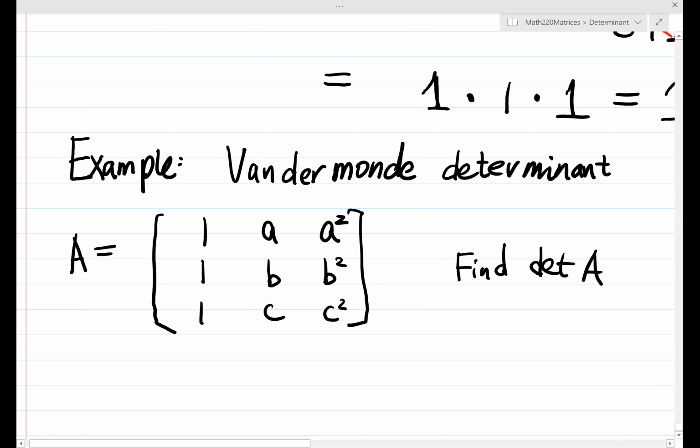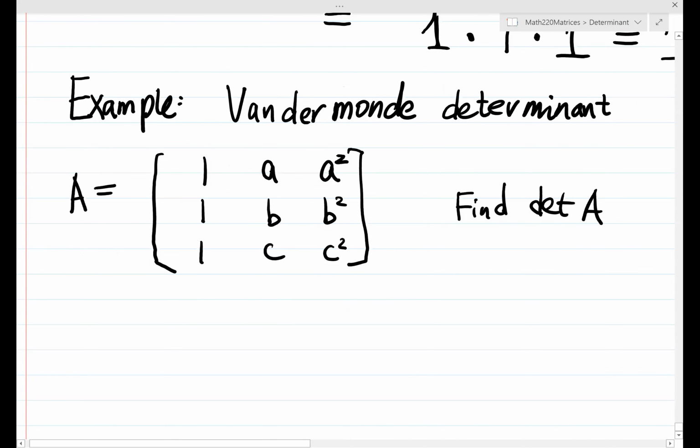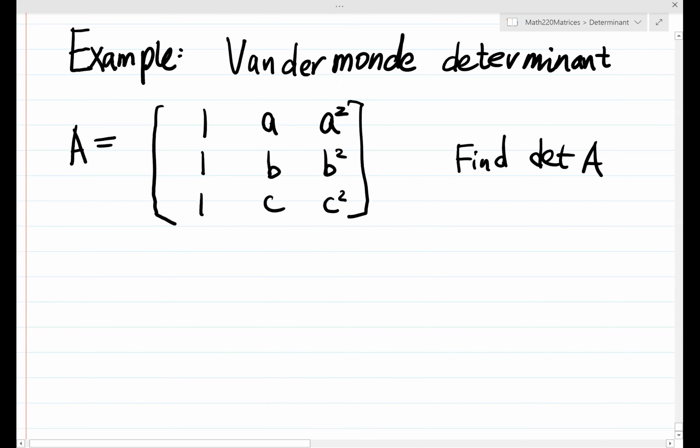Remember, the determinant vanishes if two rows are linearly dependent. For instance, if a equals b or b equals c, then we have two identical row vectors, which means the rows are linearly dependent.